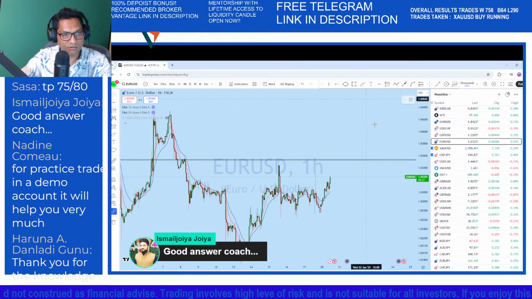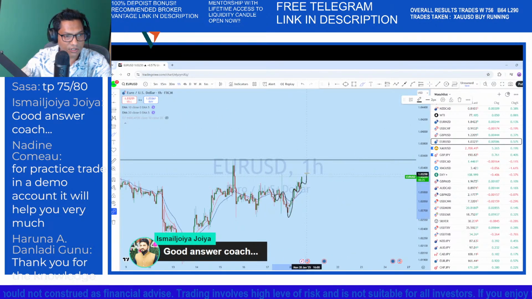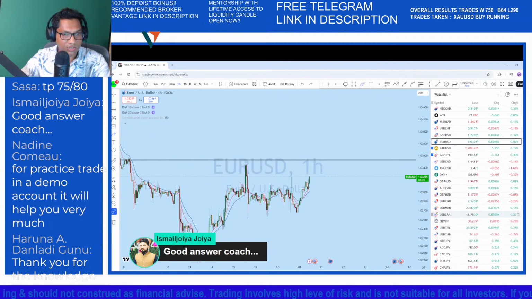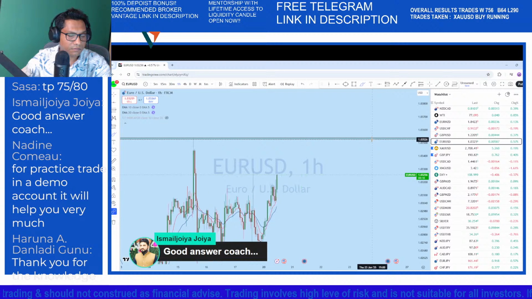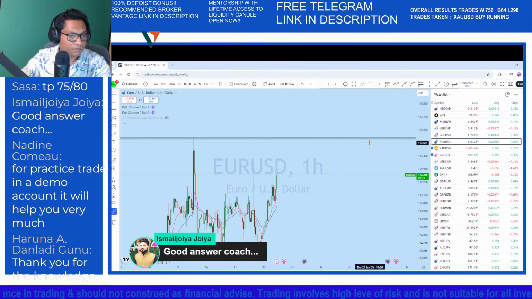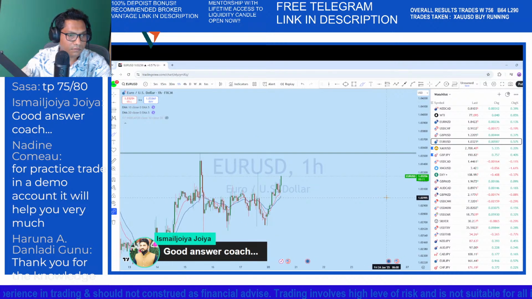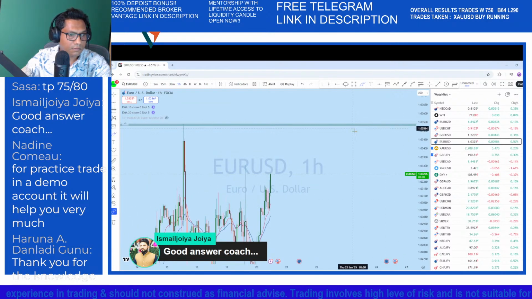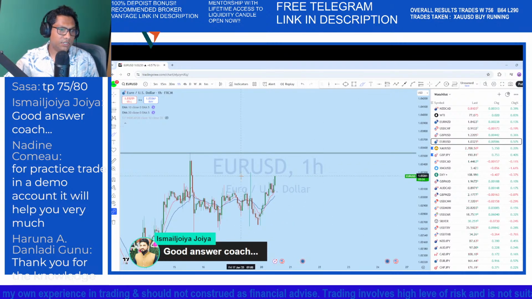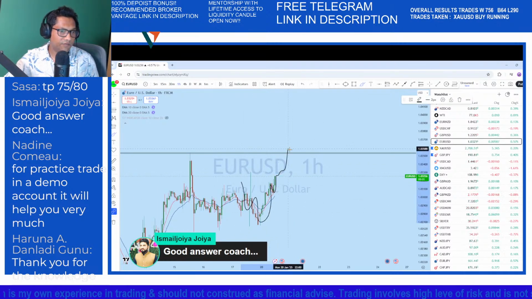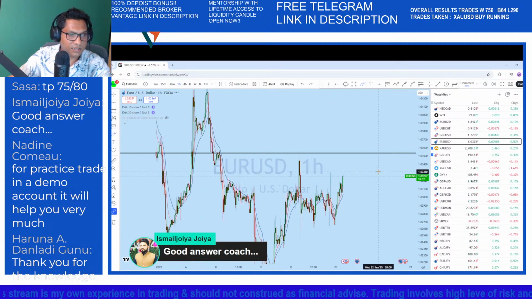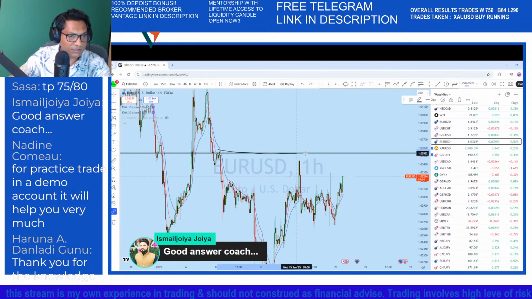With that resistance, there is an inverted head and shoulders, expecting the market to bounce back up and then create a new higher high. All right, so let's see. You can see this is an inverted head and shoulders, expecting the market to go ahead, retest, and then this is a resistance.